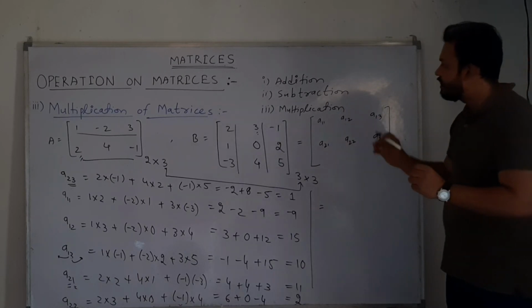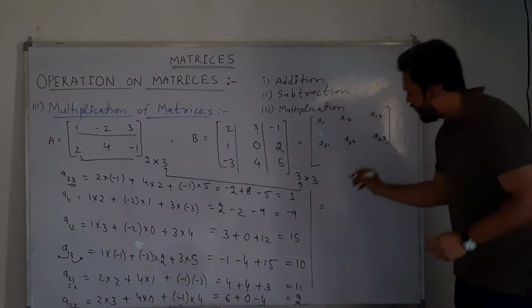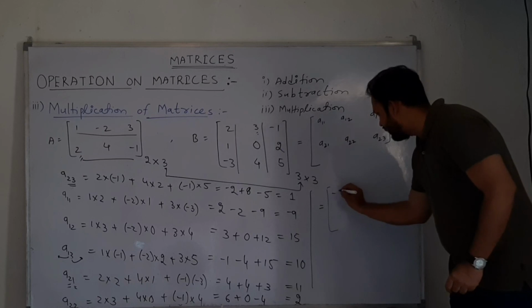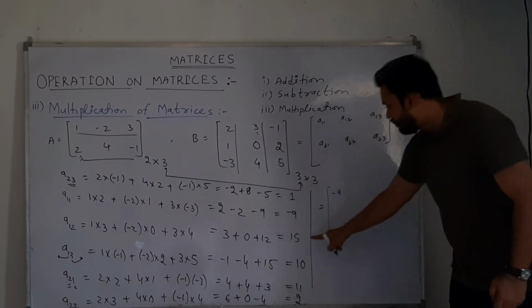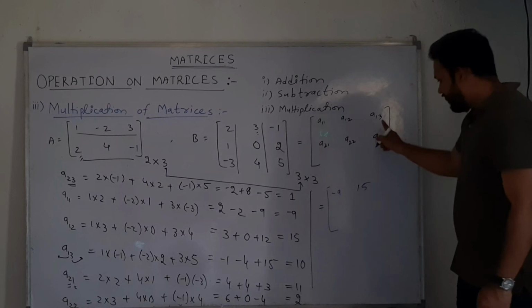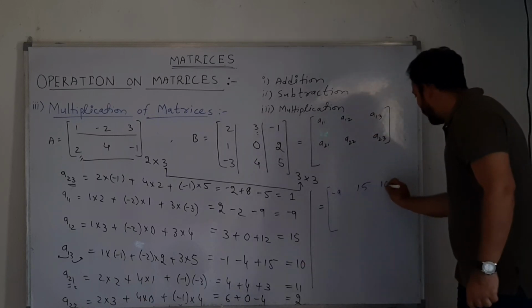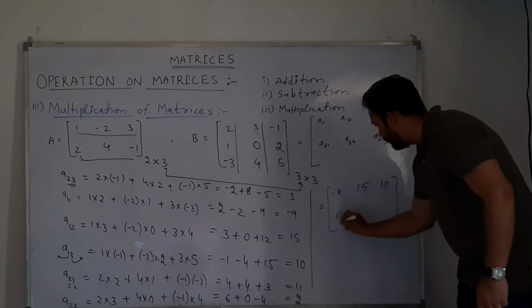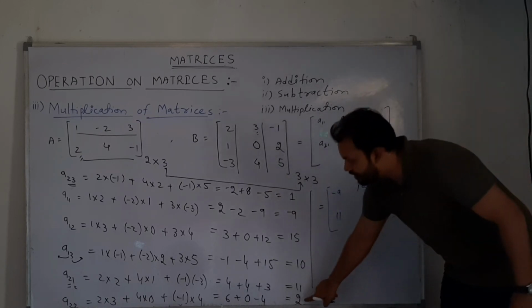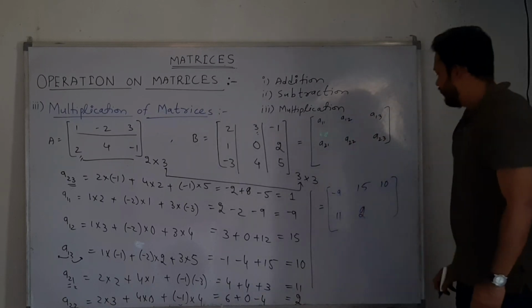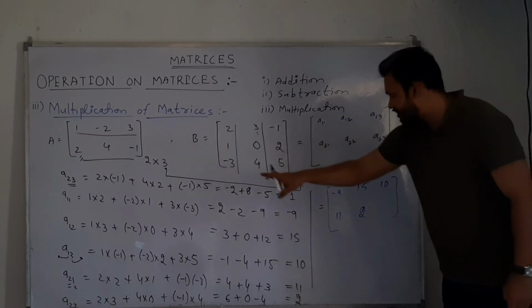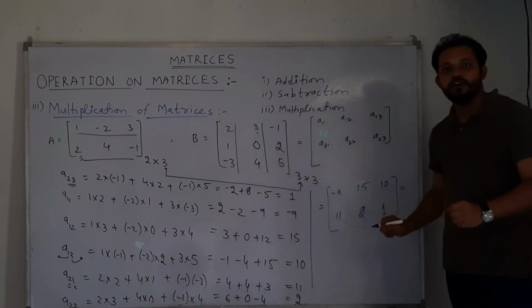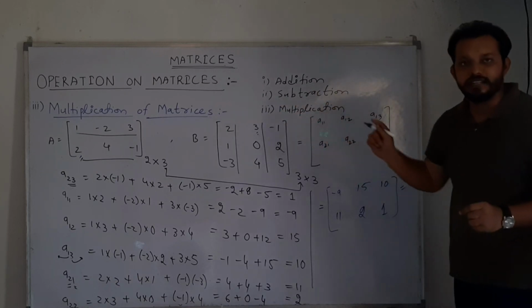Hence we get the product of the two matrices A and B as A11 is equal to minus 9, A12 is equal to 15, A13 is equal to 10, then A21 is equal to 11, A22 is equal to 2, A23 is equal to 1, and this matrix is the product of the above two matrices.